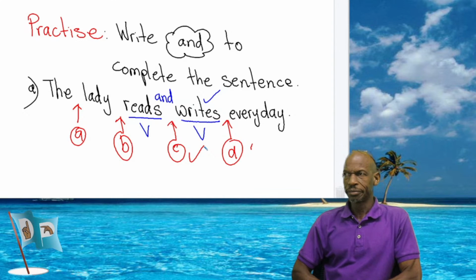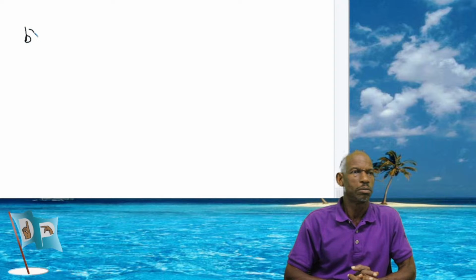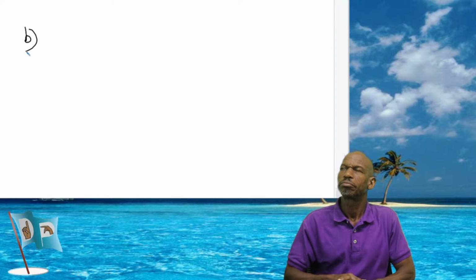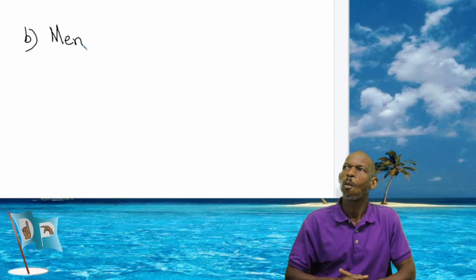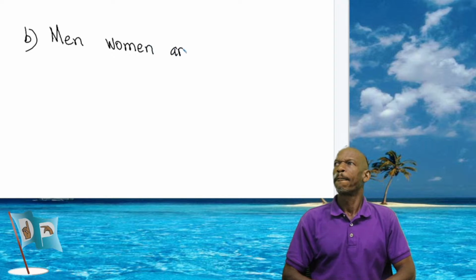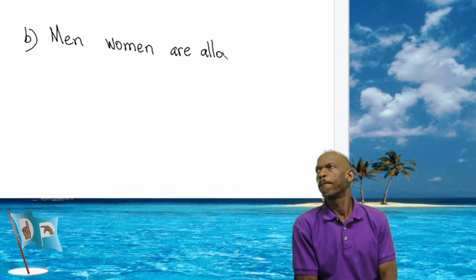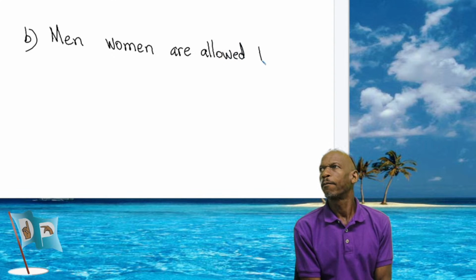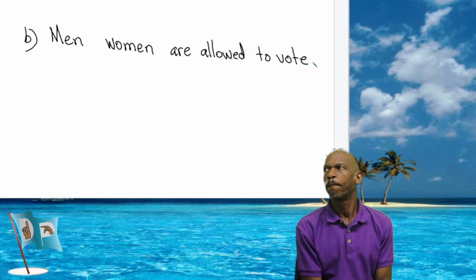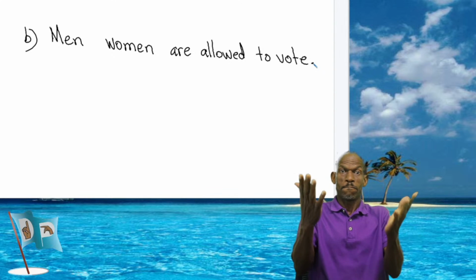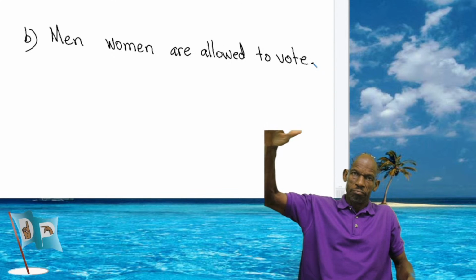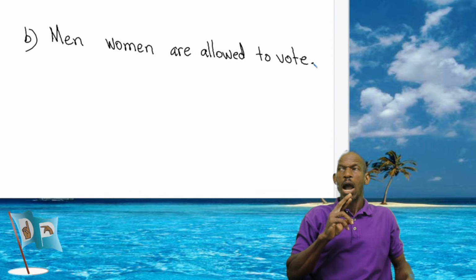All right, one more practice. So this is B. All right, so the sentence is: men, women are allowed to vote.